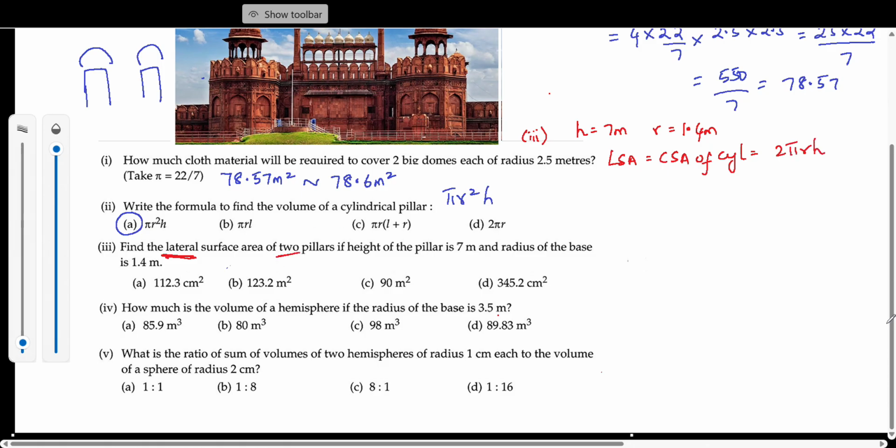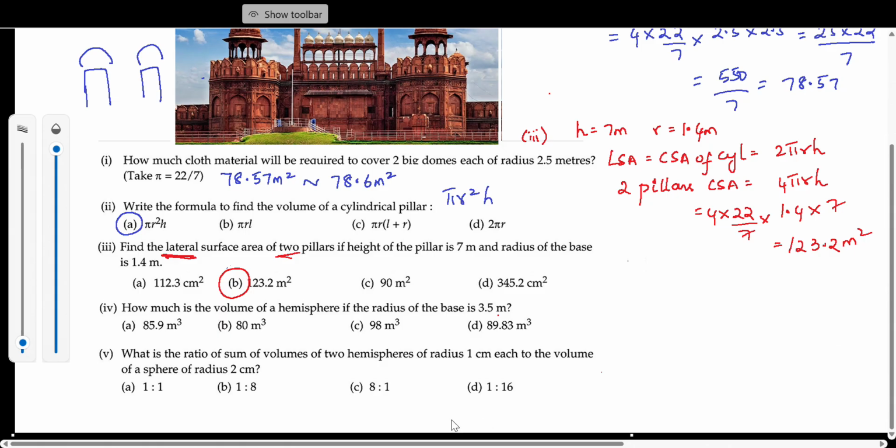They are asking two such pillars. So for two pillars, it would be 4 pi RH. 4 into 22 by 7 into 1.4 into 7. The 7 and 7 will conveniently get cancelled. What we are left with is 88 into 1.4, which is 123.2 meters squared. So this is the answer.